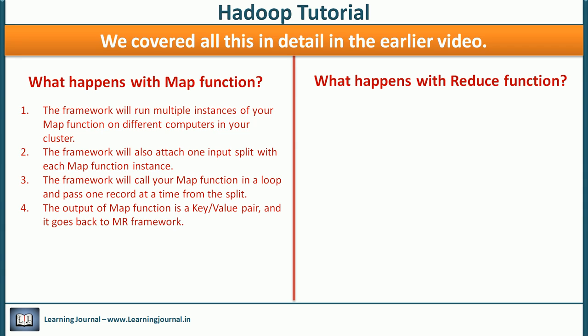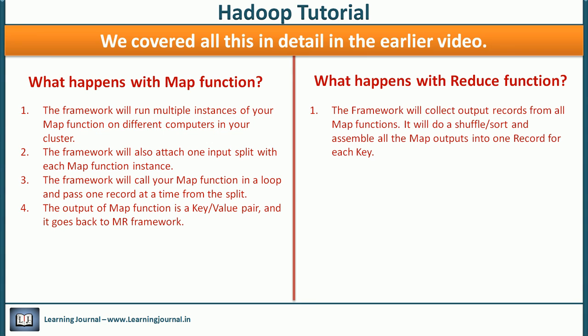How the framework executes your reduce function. The framework will collect output records from all map functions. Then it will do a shuffle sort and assemble all the map outputs into one record for each key. So, if you have written 3 different keys as output from your map function, you get 3 records.